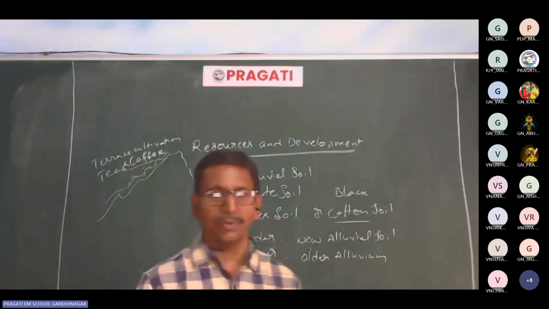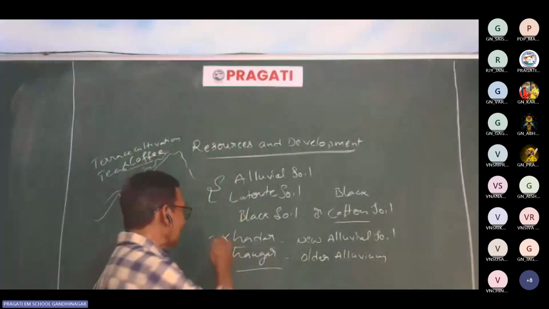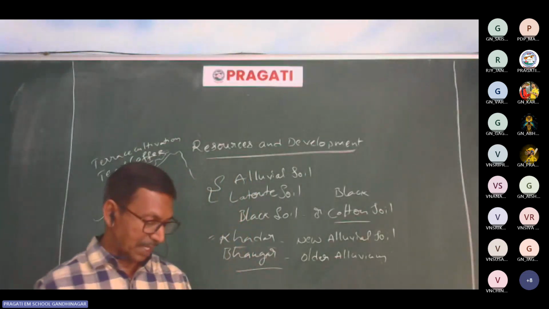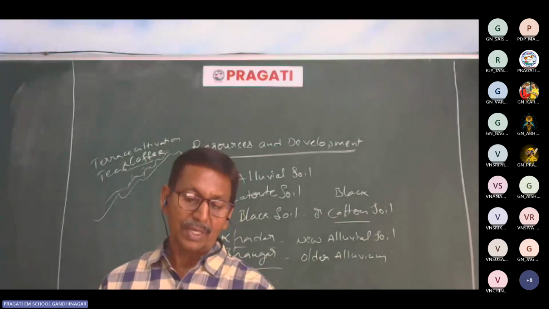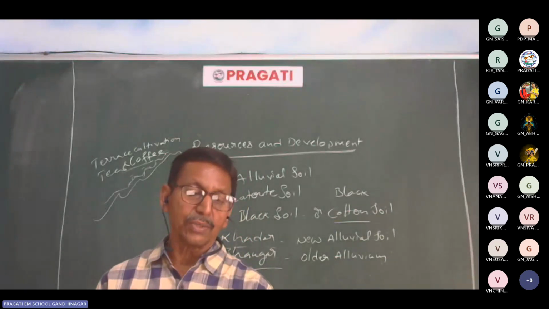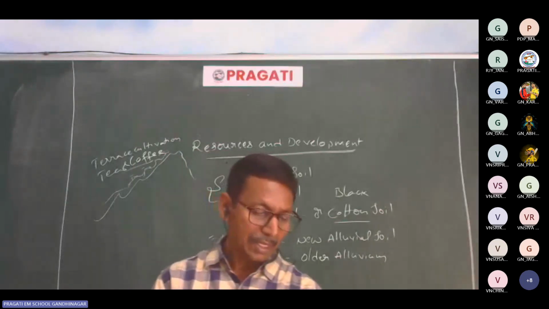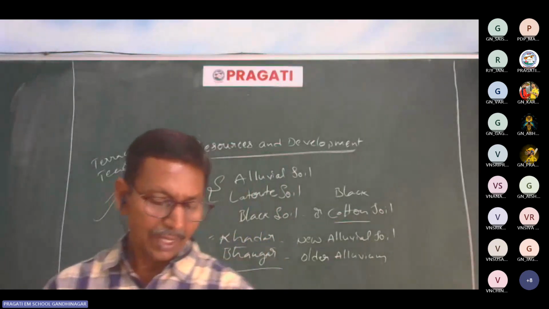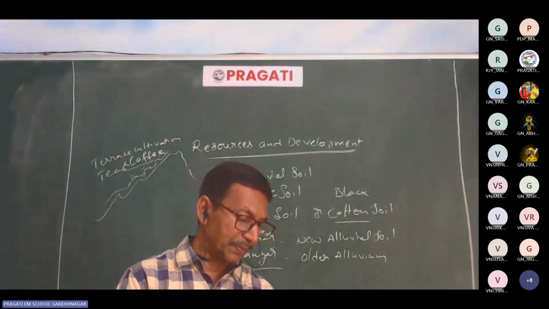Of course, both are useful for the cultivation of all crops, but khadar soils are especially useful for cultivation, as well as regur soils. You may come across such features on the map, so follow these soils thoroughly.